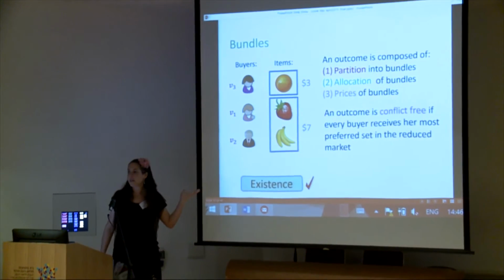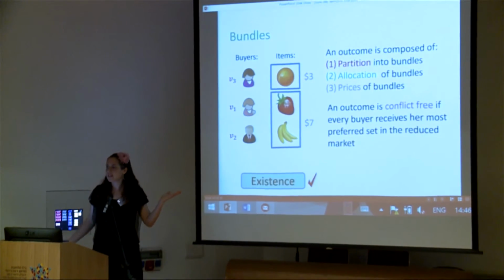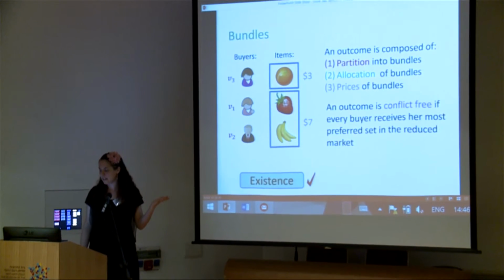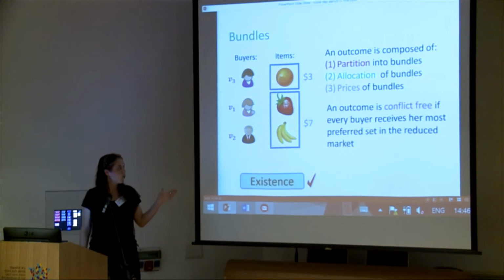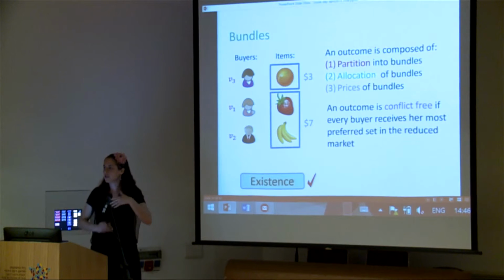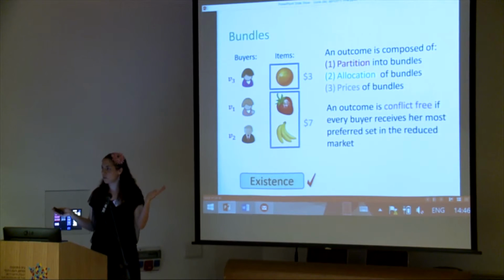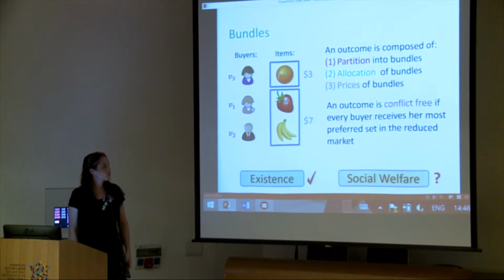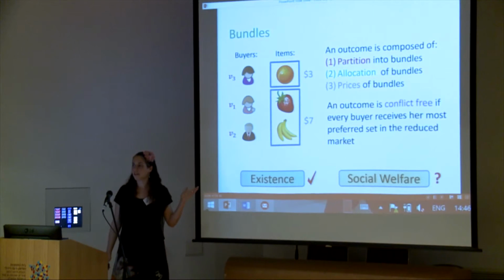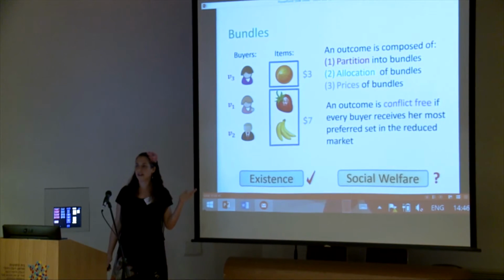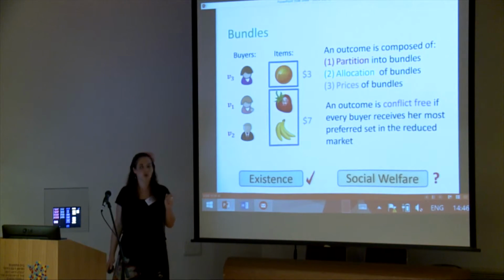So now it's very easy to see that existence is for free. Such a conflict-free outcome always exists, because in particular, we can just bundle everything, all the items together. And the big question is, what about social welfare? Can we recover a high social welfare in a conflict-free outcome?